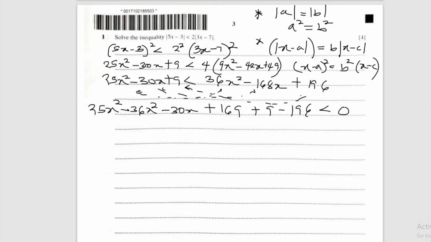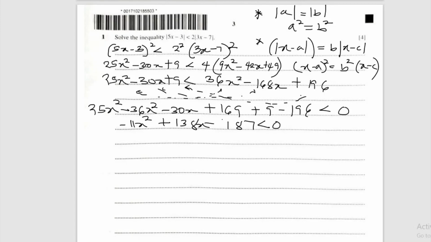At the end of the day, when you simplify, we have minus 11x squared minus 138x minus 187, less than 0.